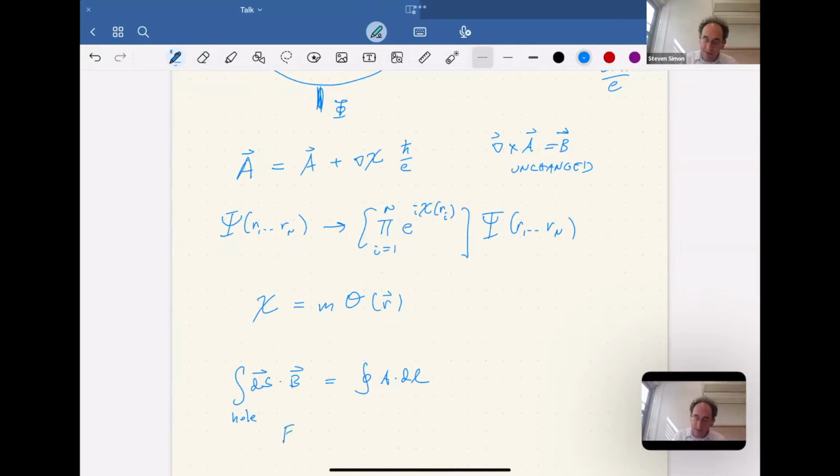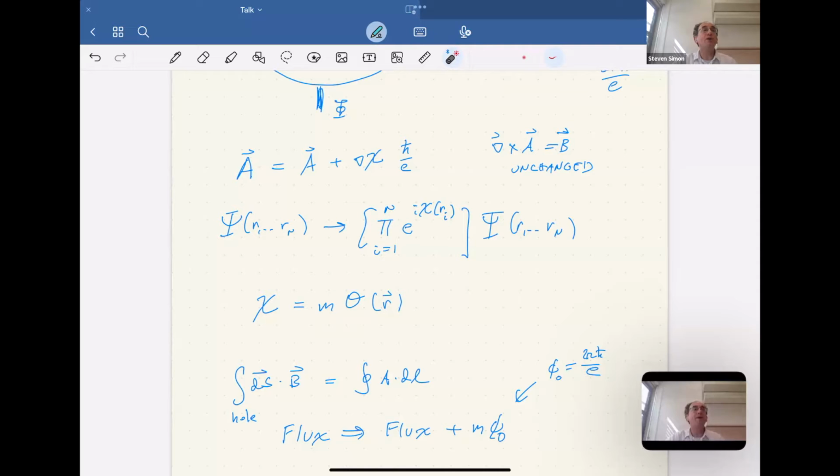The flux is going to go to this flux plus m times phi naught. And again, phi naught is 2 pi h bar over e. So under this gauge transformation, the flux gets changed to flux plus whatever integer I used times the flux quantum.